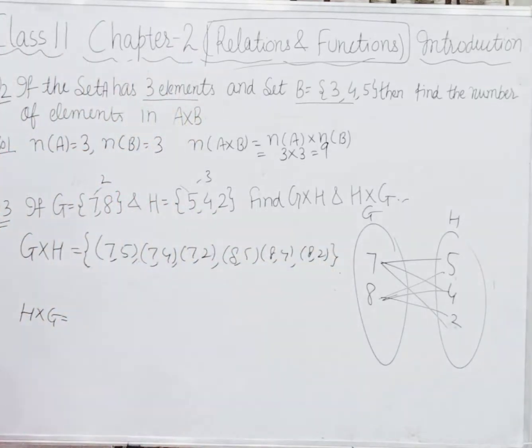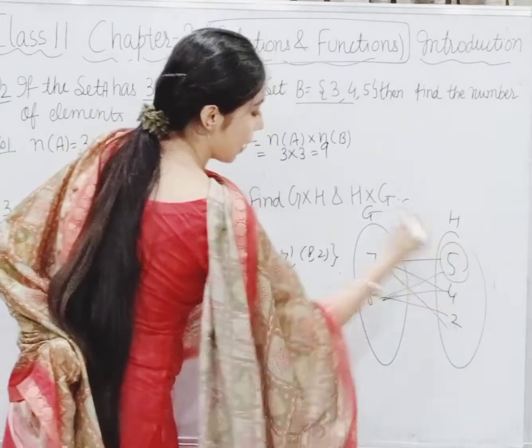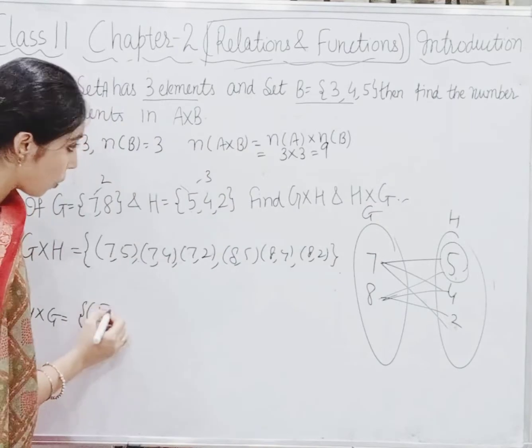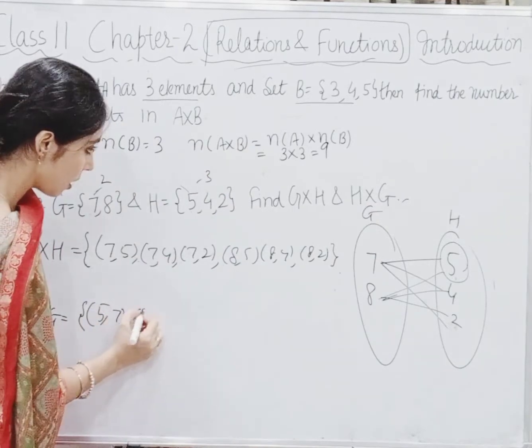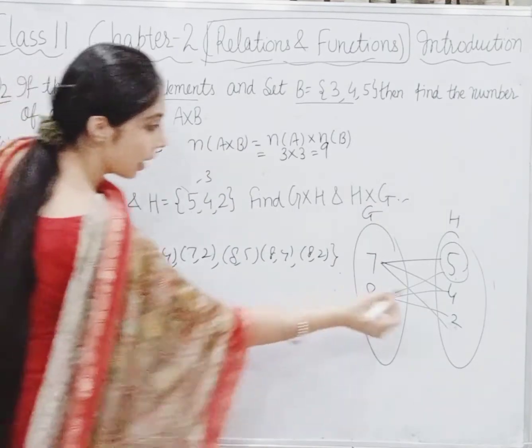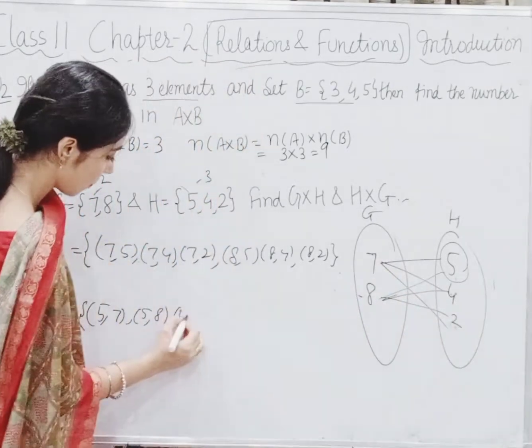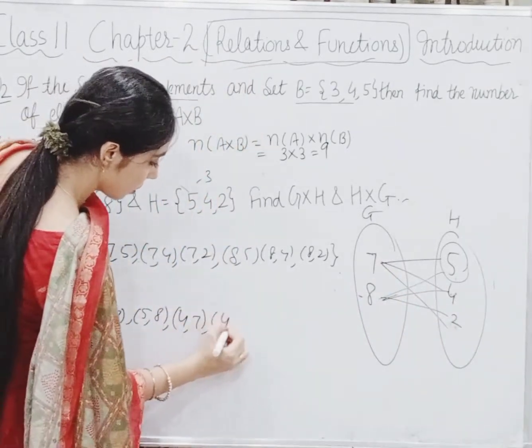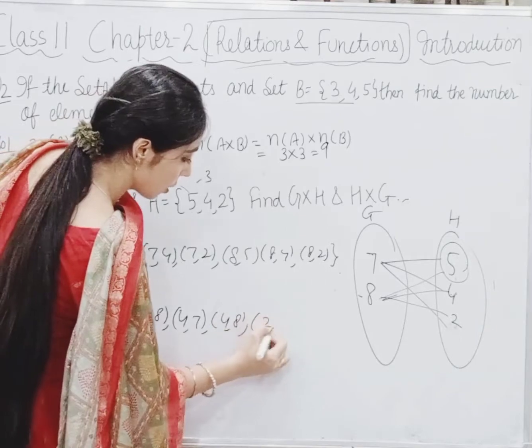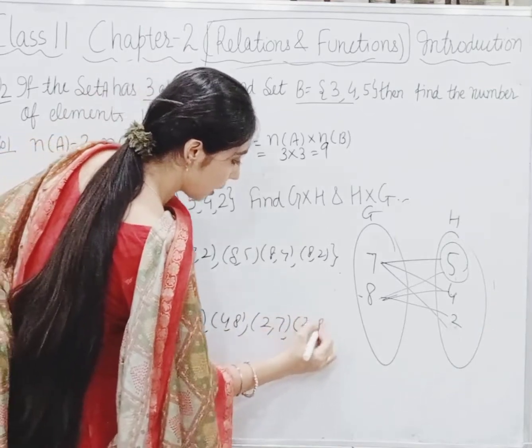In H cross G, we know that the first element will be from the first set. So the elements will be (5, 7), (5, 8), after that (4, 7), (4, 8), (2, 7), (2, 8).